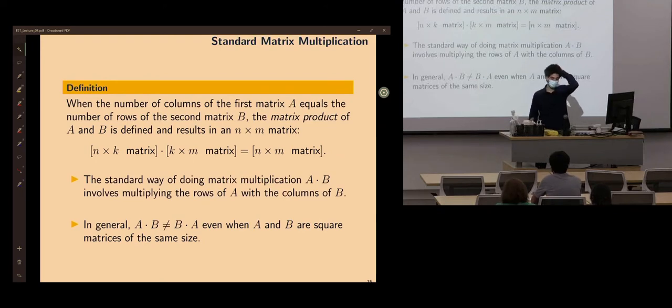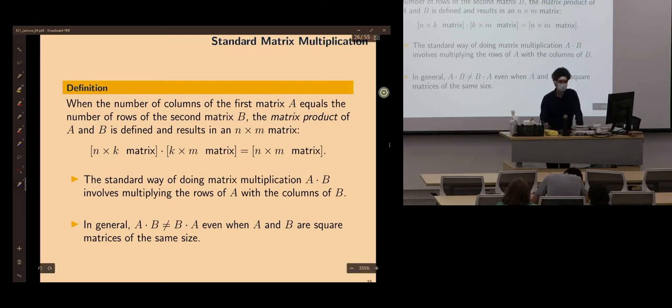We will, of course, see examples and we'll look into it. Otherwise, it's not very helpful to just look at this definition. So we had this question, if matrix multiplication is commutative. And the answer was it's not.